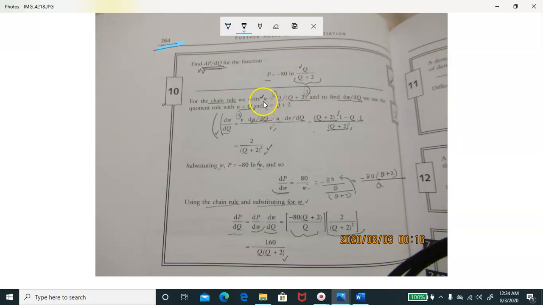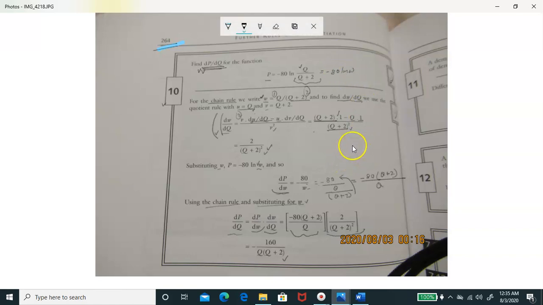Well, several things. First thing, we are going to simplify this one. You see, q divided by (q + 2), let us make it w. Make it simple, right? Then the entire thing will become -80 log of w.